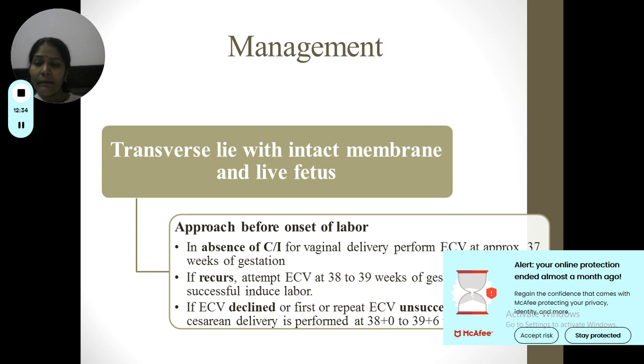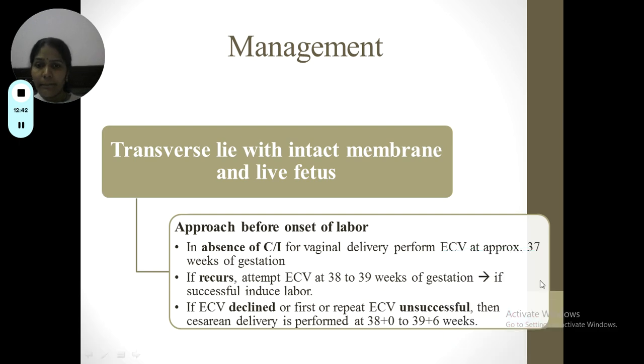Management. So how are we managing a patient with transverse lie? Transverse lie with intact membranes and a live fetus. Before the onset of labor, and what we can do if the patient is in labor. So before onset of labor, in the absence of contraindication for vaginal delivery, we can proceed with the external cephalic version at approximately 37 weeks of gestation.